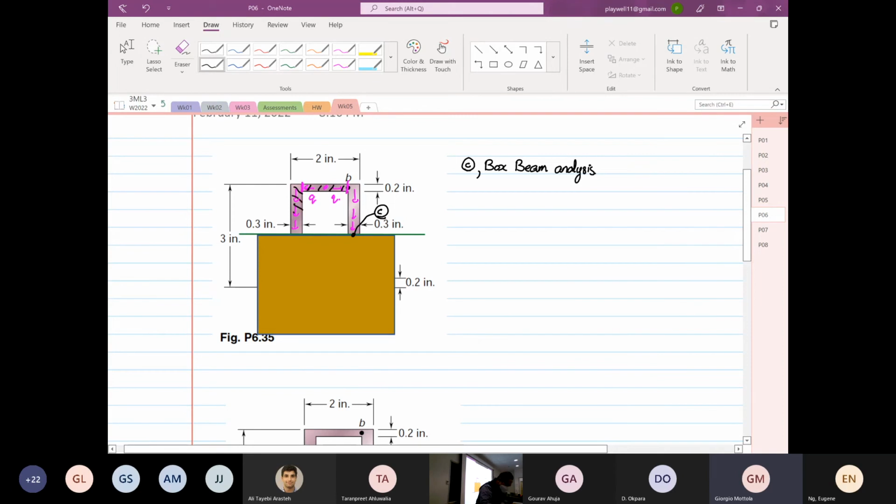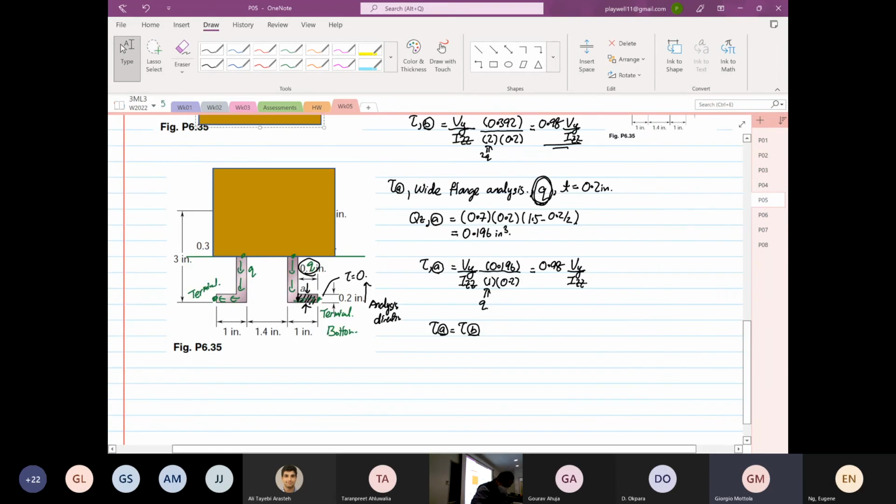This is the other area. Okay, so we're going to deal with box beam analysis now. Okay, so the Q at point C is equal to the width. Let me get the other image so I can see the geometry better.